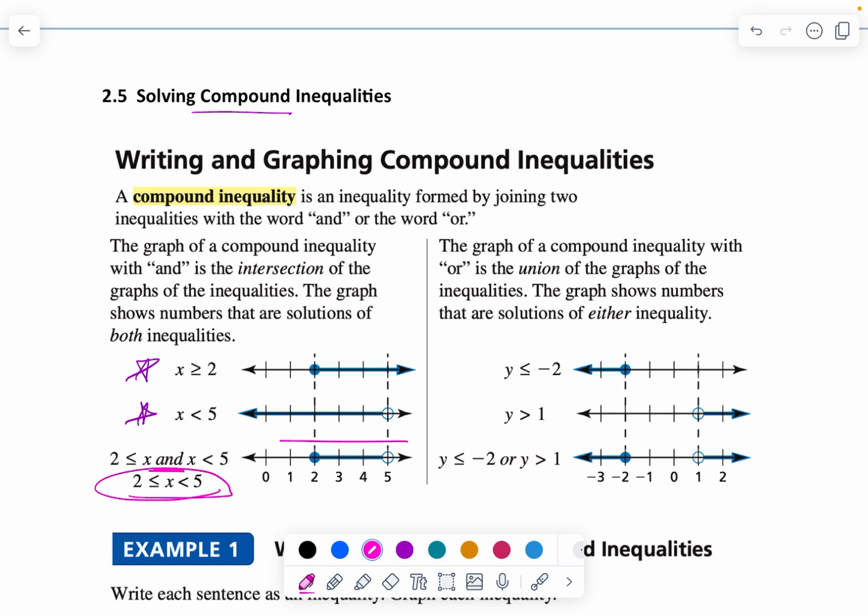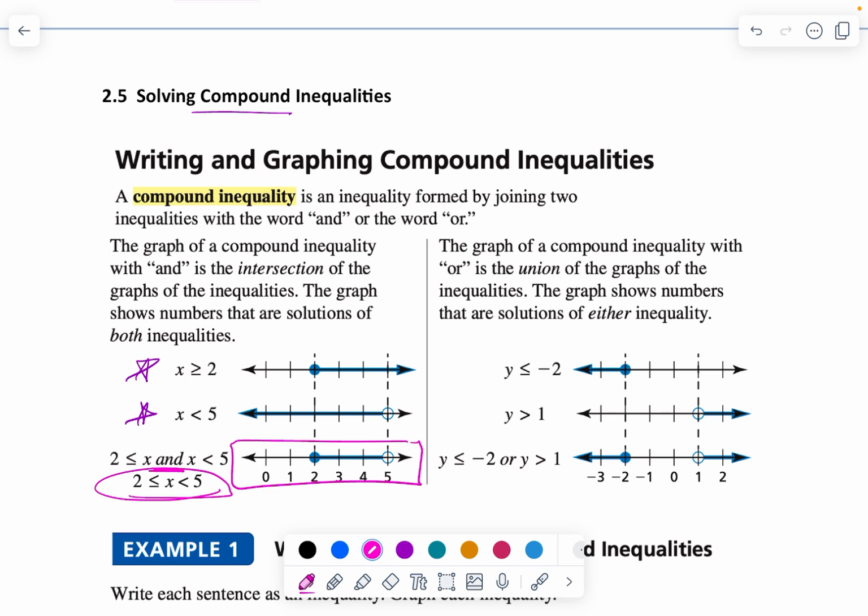Graphically, you can see the line is in between the 2 and the 5. The 2 is a solid point because it is "or equal to," but the 5 is an open circle because it's not equal to 5.